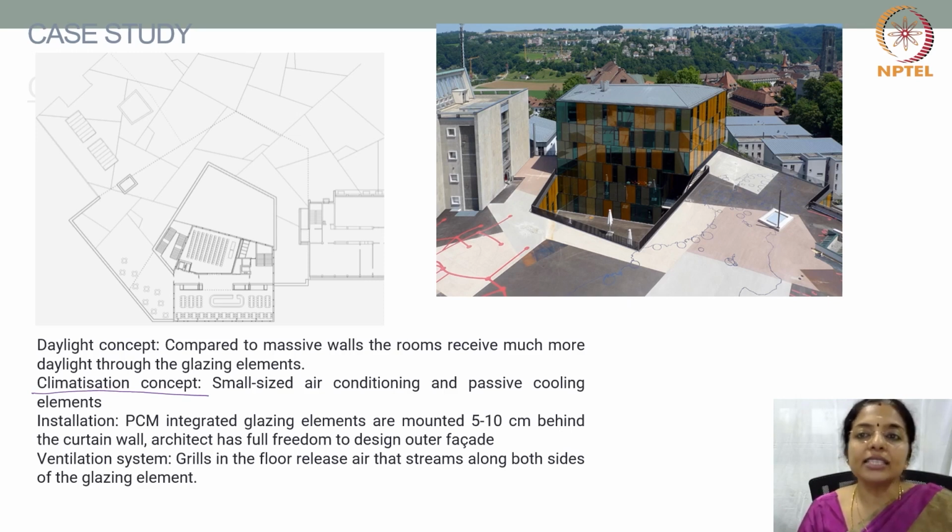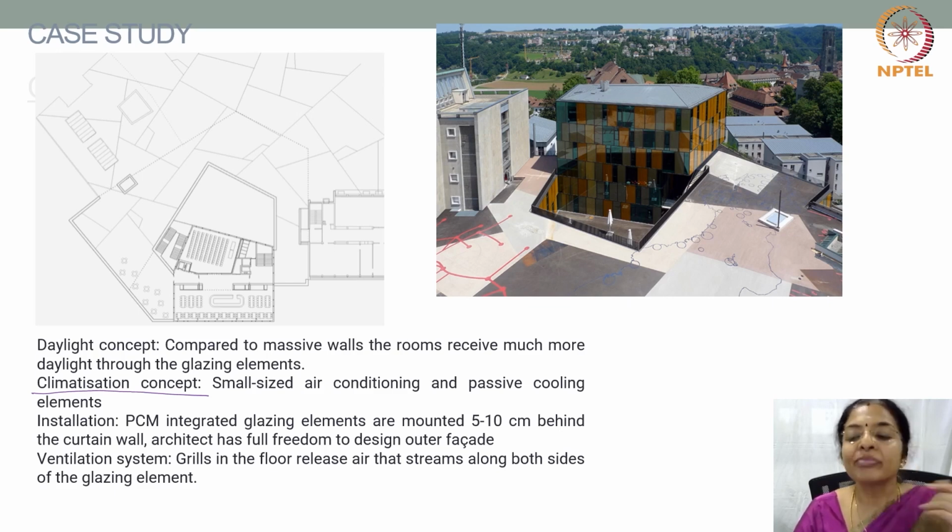The installation encompasses PCM integrated glazing elements which are mounted 5 to 10 centimeters behind the curtain wall, and the architect has full freedom to design the outer facade because this PCM integrated window is towards the inside, and on the outside there is a curtain wall.